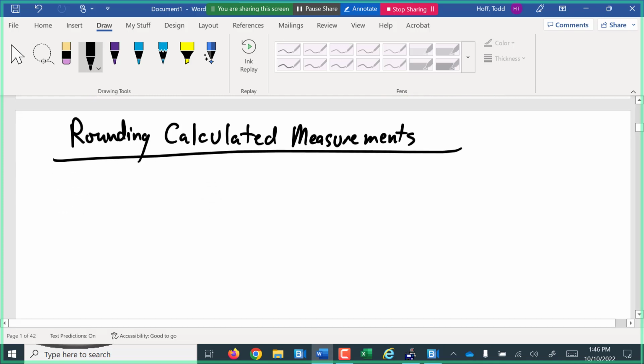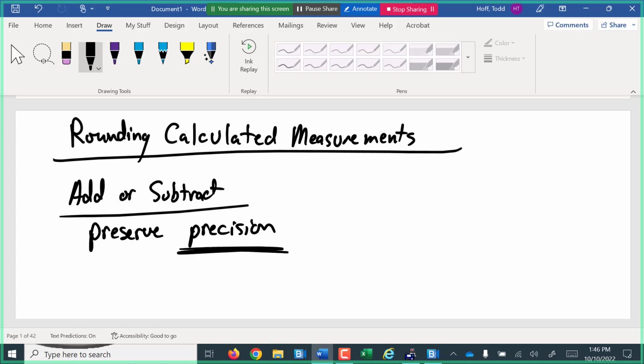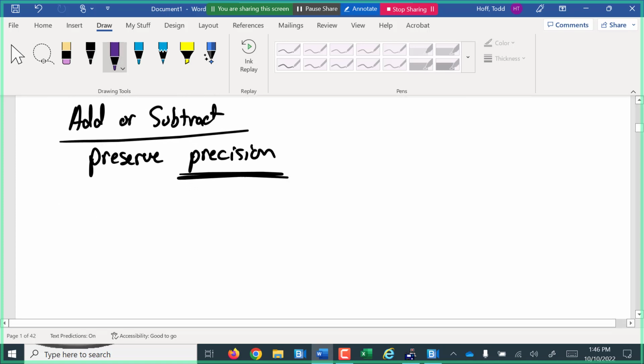So when we round measurements, when we add or subtract, we preserve precision. What that means is we're concerned about the degree of precision or the place value of the digits when we add or subtract.